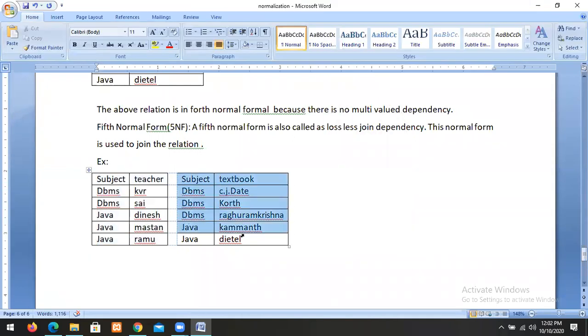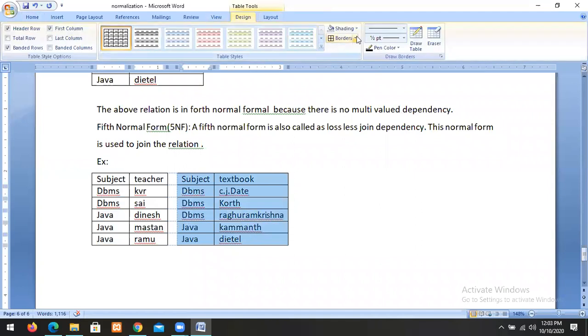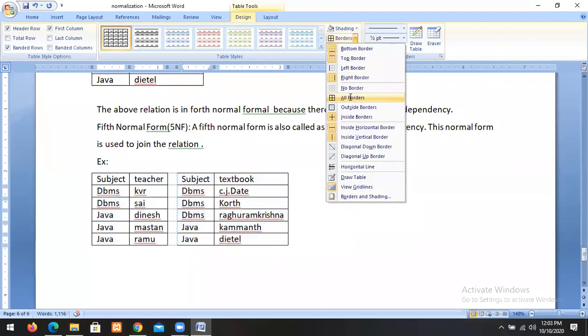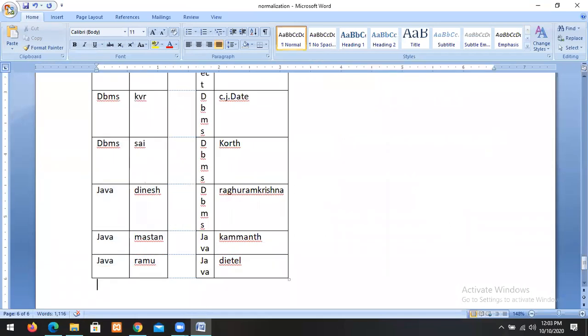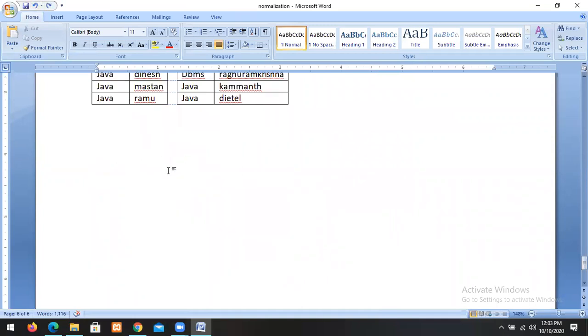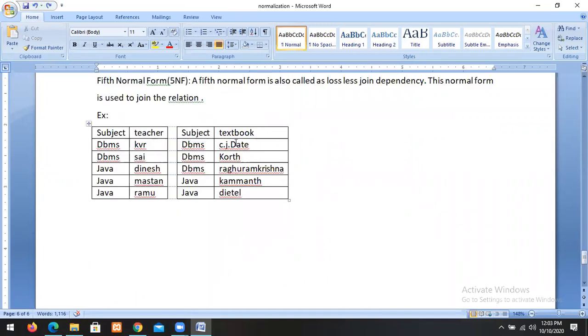So we have two relations. This is one relation and this is another relation. One relation is subject teacher, another is subject textbook.